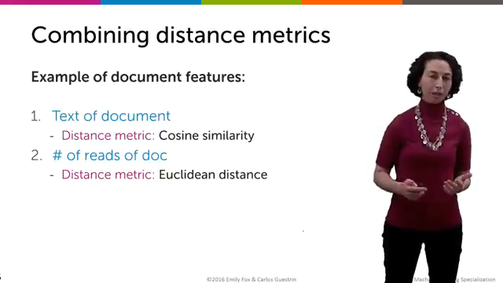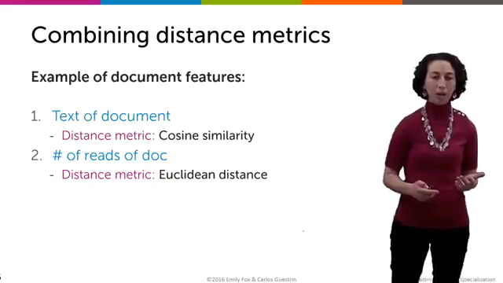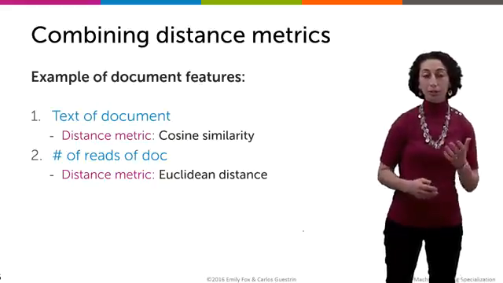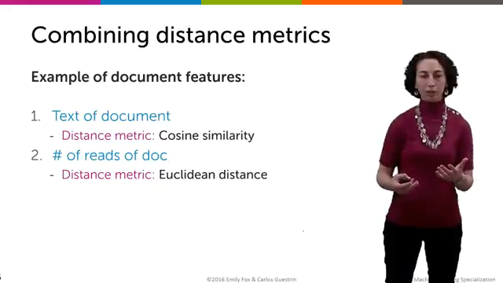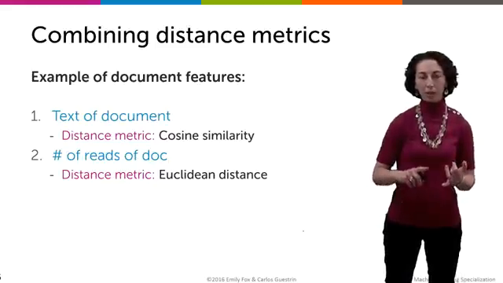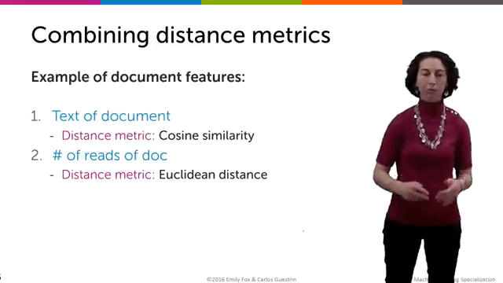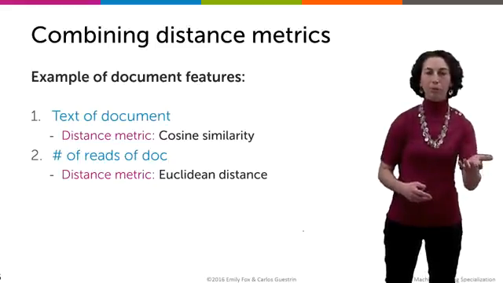But there is one last thing that I wanted to mention that's really commonly used out there in practice, which is to use different distance measures over different subsets of your features. So for example, in our document case, maybe we would have features of text of the document. That's what we've really been focusing on. But maybe we also have counts of how many times somebody read that article.